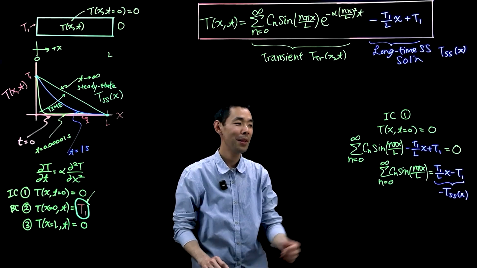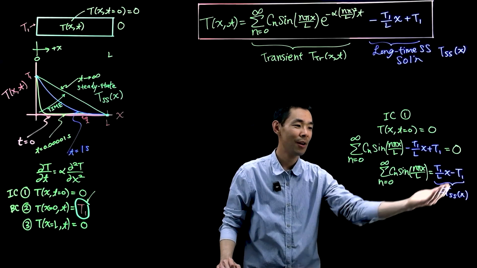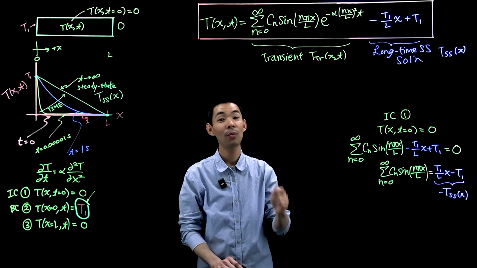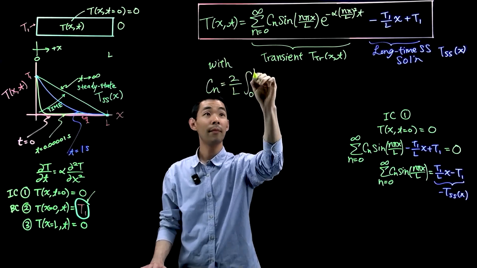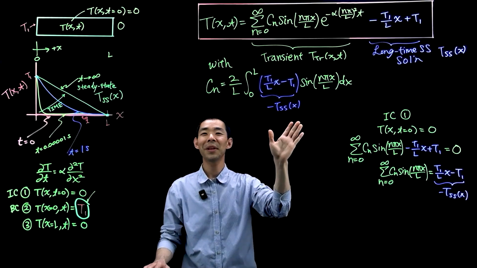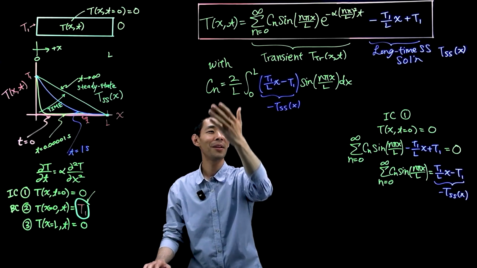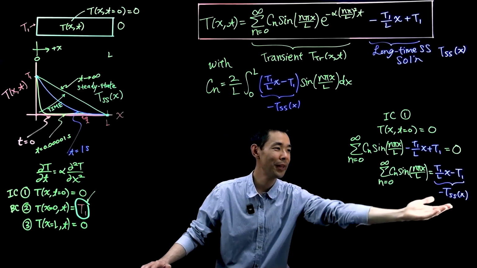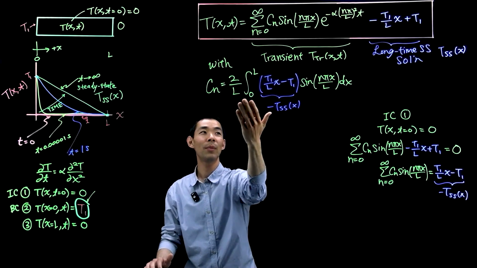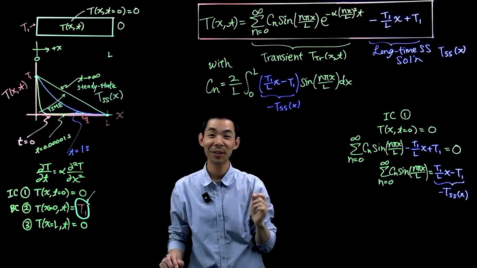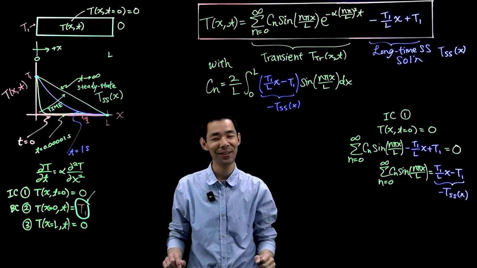So ultimately, we're going to find our constant c sub n using orthogonality, which will look like the following. Just like that. So we've taken orthogonality, done a Fourier series, obtained our c sub n, which is equal to this integral. You're already experts at this because you all know all about the Fourier series.